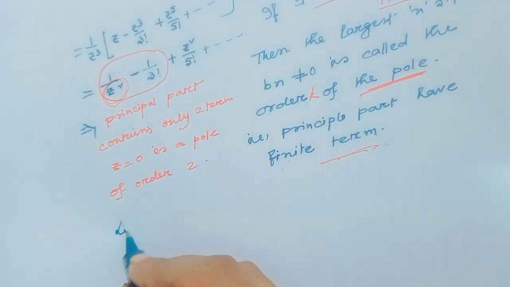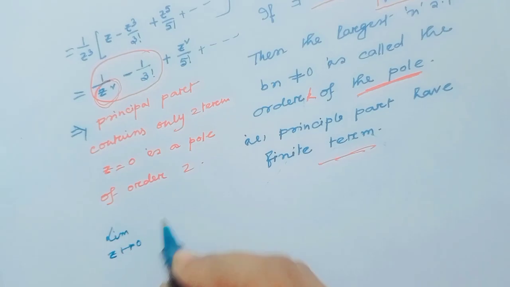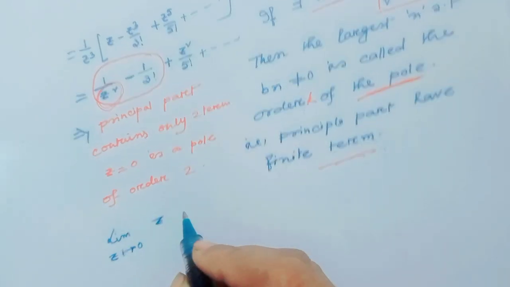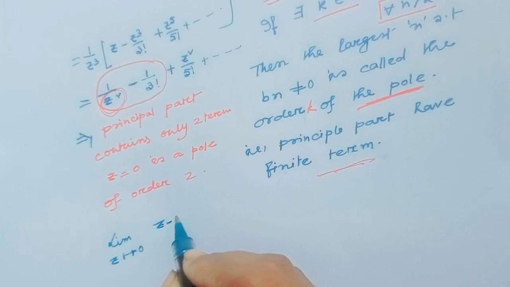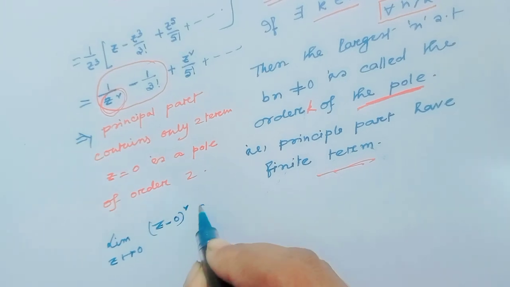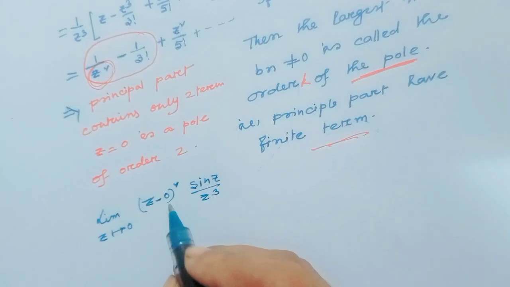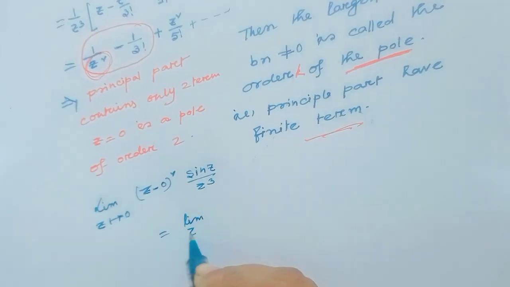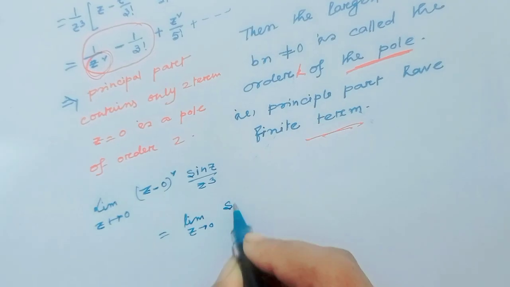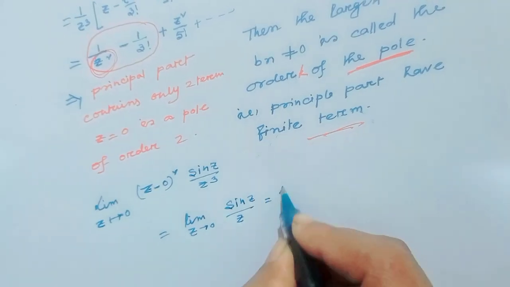And we all know, since this is a pole of order 2, that means the limit as z tends to 0 of z minus 0 whole square times sin z over z cube is the limit as z tends to 0 of sin z over z, and this value is equal to 1.